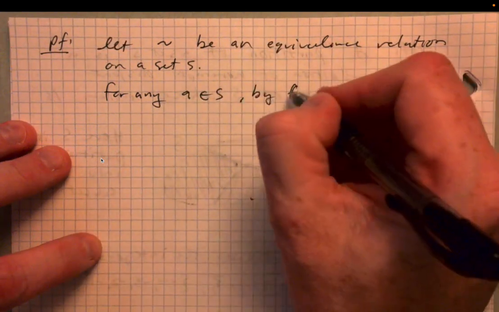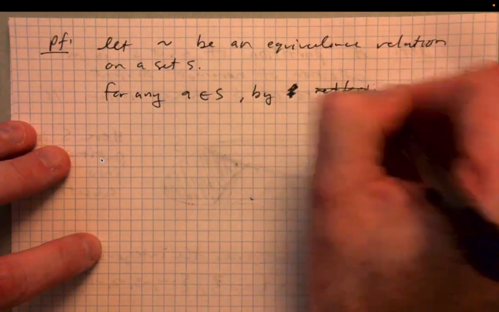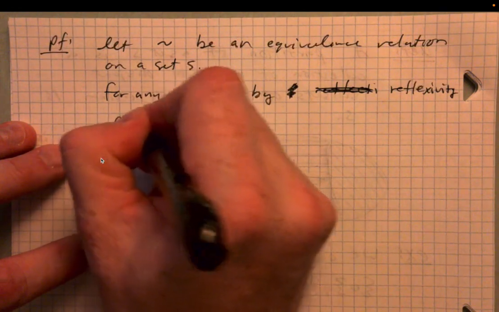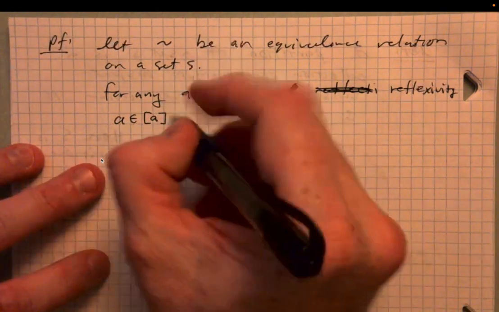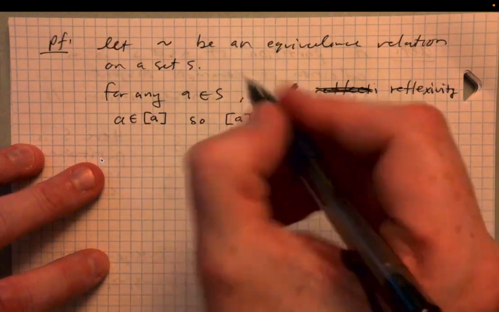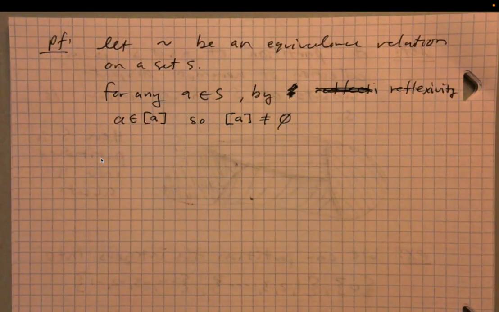So for any A in S, by reflexivity, A is going to be in the equivalence class of A, right? And so that means the equivalence classes cannot be empty. However they're defined, they can't be empty. Okay, hopefully that's clear.